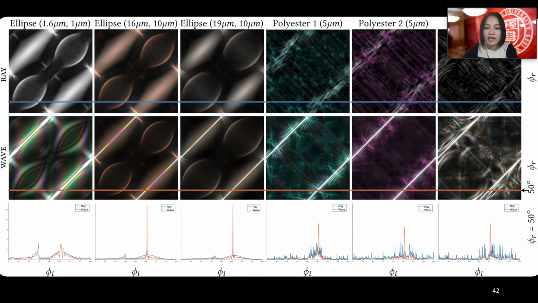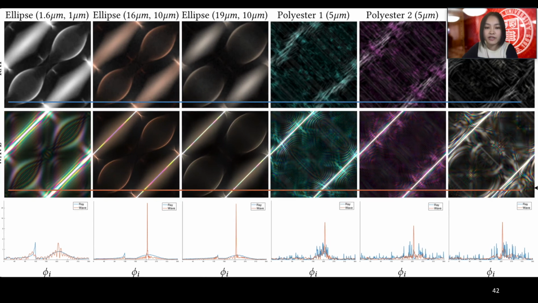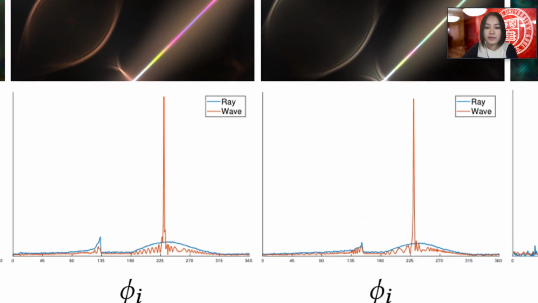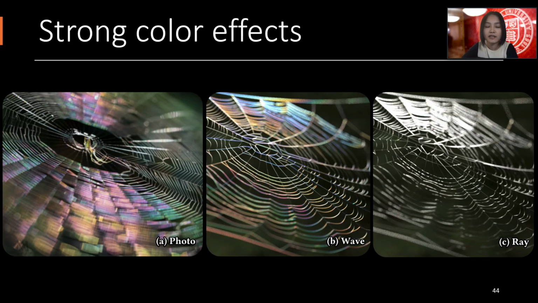Plotting a 1D slice in the third row, we can clearly see that the wave optics predictions, as represented using the orange curve, has stronger forward scattering peak. These differences in the azimuthal functions will manifest themselves in the following rendering results. On this slide, I'm showing a spiderweb iridescence example.